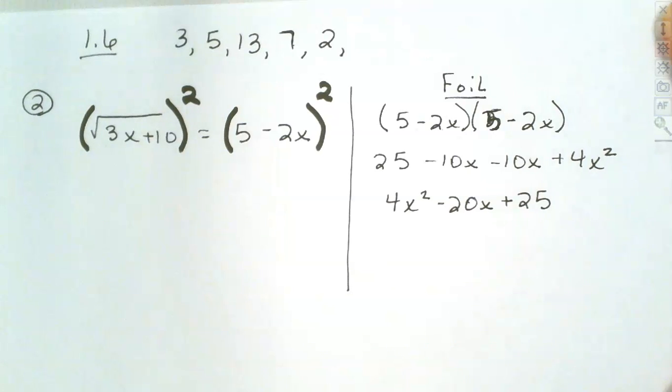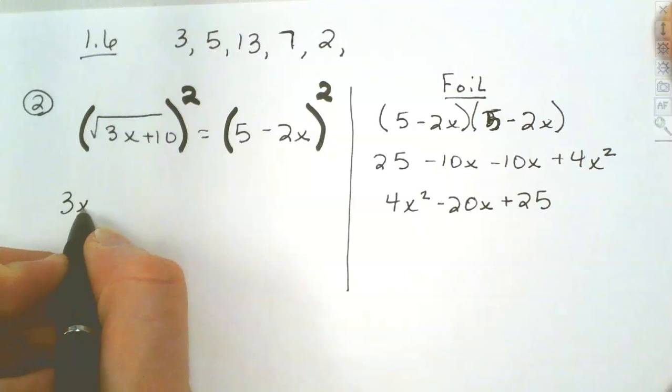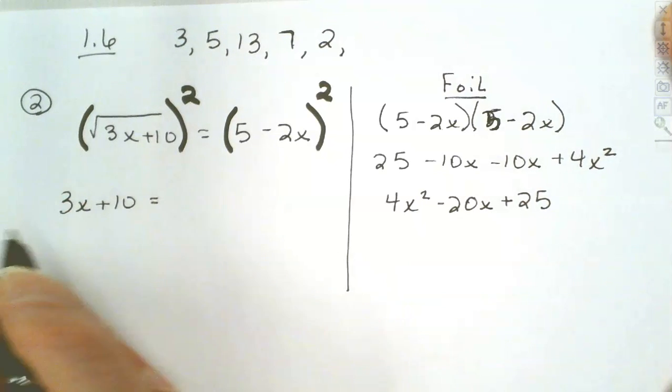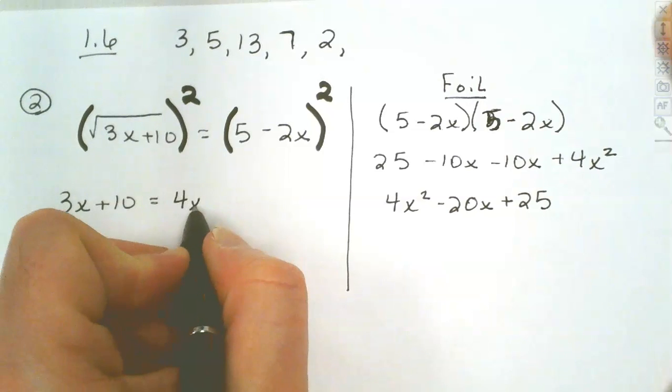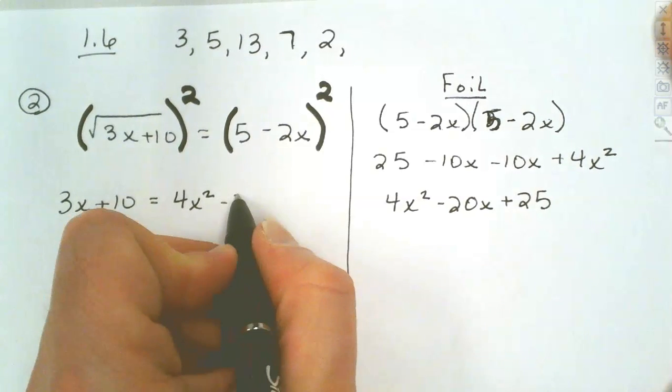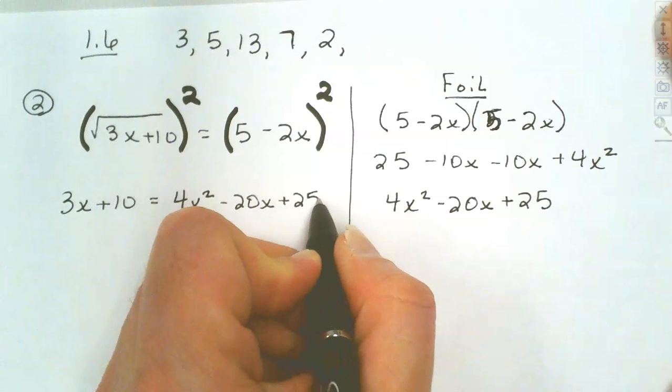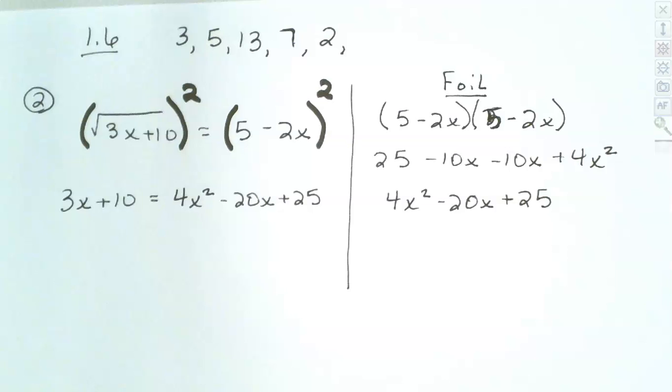Now, going back to our original, we got rid of our root here. So that made it then 3x plus 10 on the left. On the right, we've got 4x squared minus 20x plus 25. So this is what we've got so far here. Now, we're going to have to factor this. We're going to have to factor it by grouping, probably.